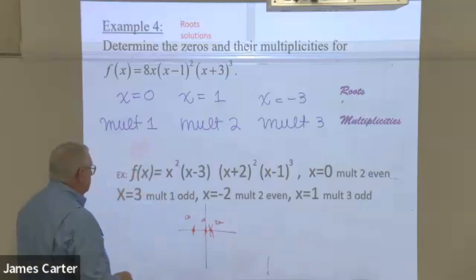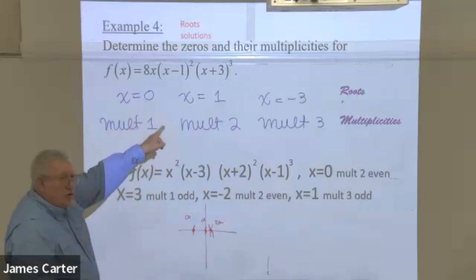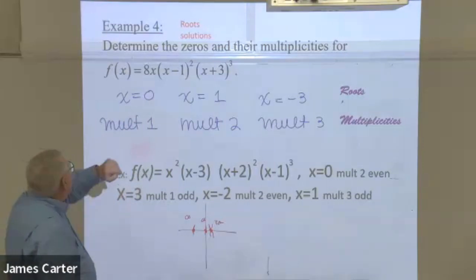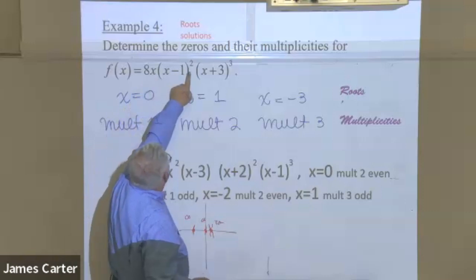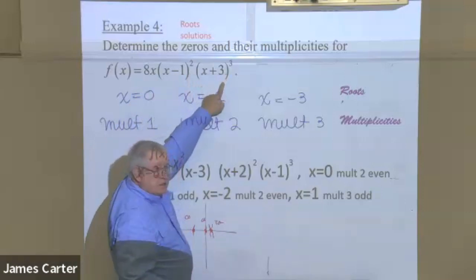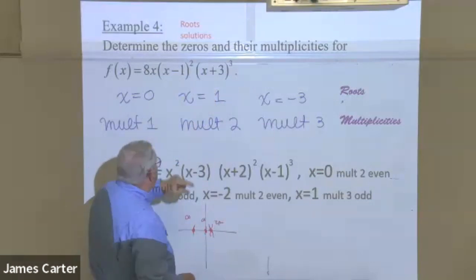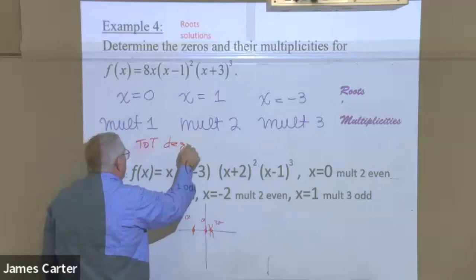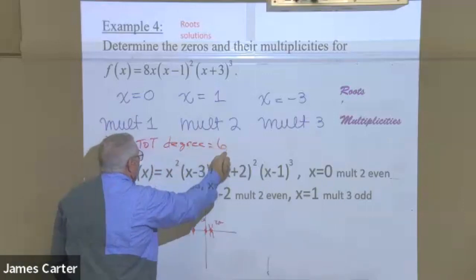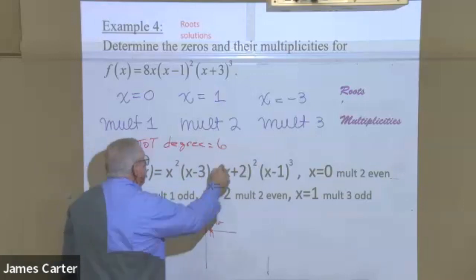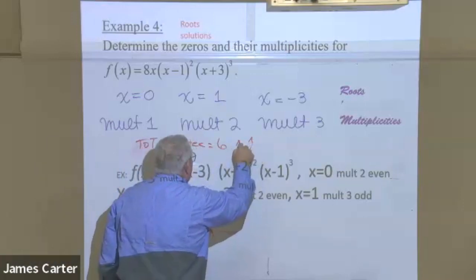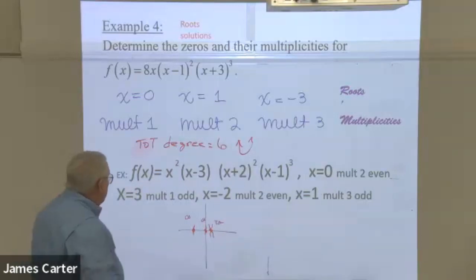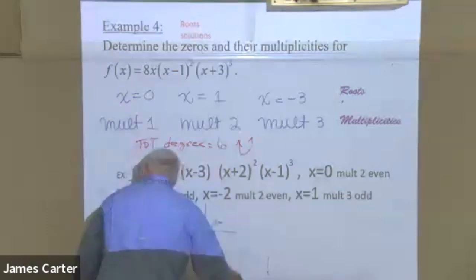Okay, now, what's the total degree of this thing? So we can get our ending values. 1, 3, 6. So the total degree is 6. That means we're going to have that for the graph.